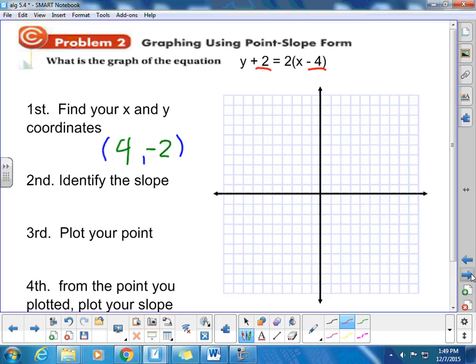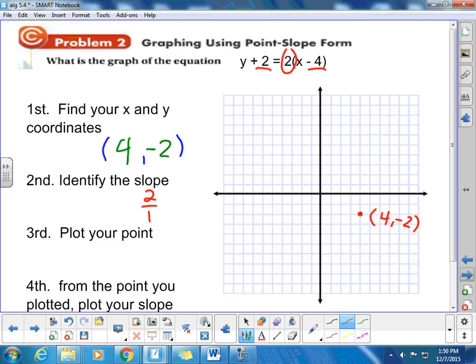Then it says identify the slope. That's just the number that's in this position. So we have a slope of 2 over 1. Third, everybody try to plot your point. Put me on pause while people plot. You should have plotted this point 4 to the right and 2 down.